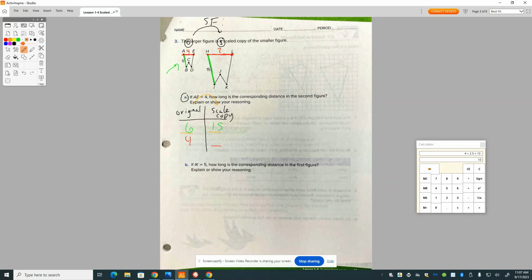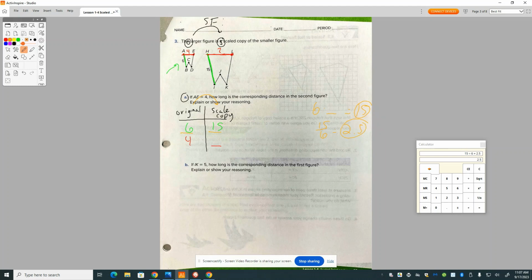I'm going to do that over here to the side to help me out. 6 times what value equals 15? Now on top of my head, I cannot know that value, but what I could do is take my value of 15 and divide by 6 to figure out that scale factor that will give me that 6 to equal 15. So 15 divided by 6 equals 2.5.